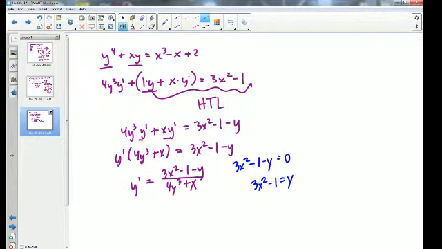Am I ever going to get a solid x equals or y equals point? No, because I have two variables, right? So once you get this, you have to plug back into the original.